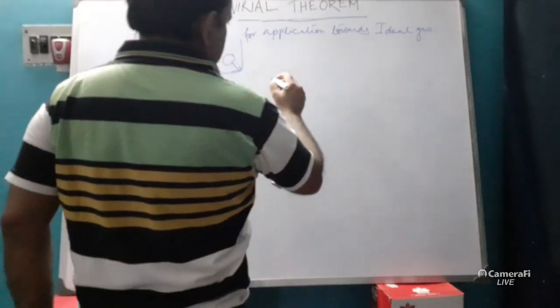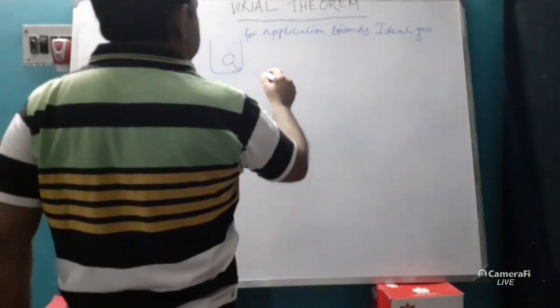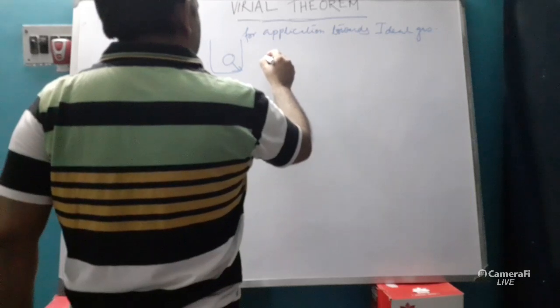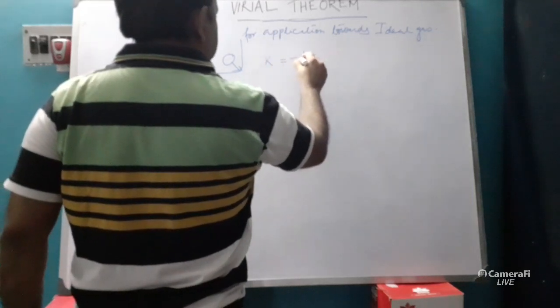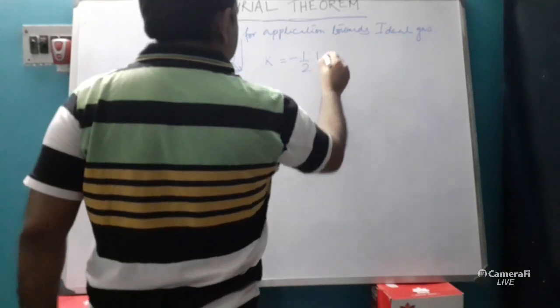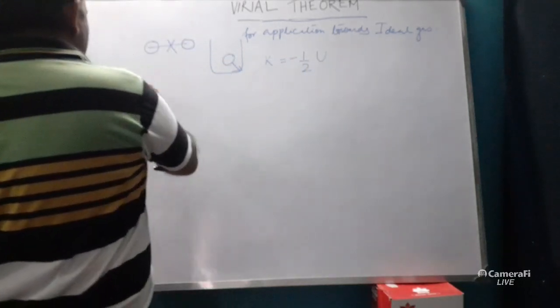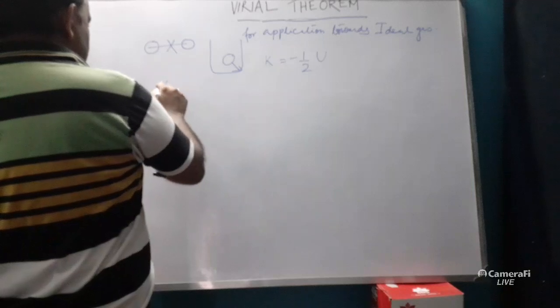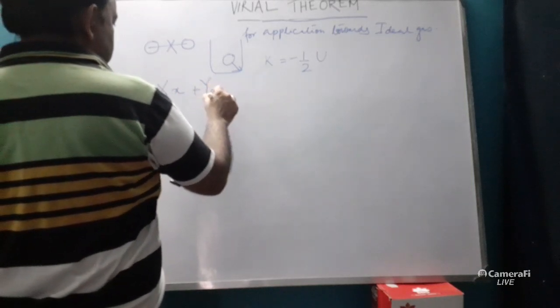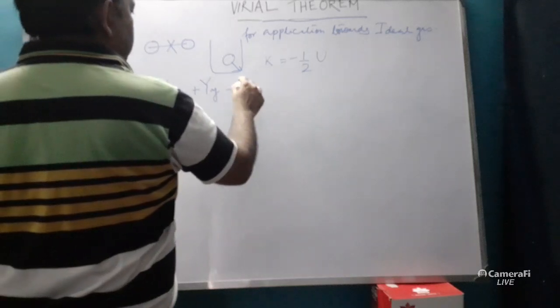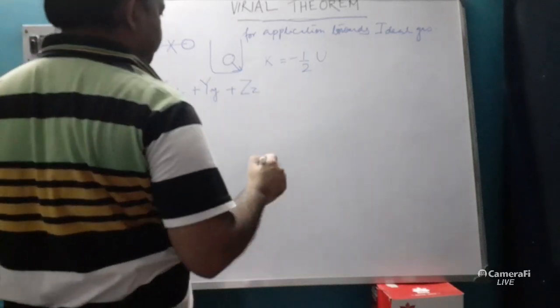So our virial equation was like this: kinetic energy is equal to minus half U. So U was capital X, small x, capital Y, small y, capital Z, small z.